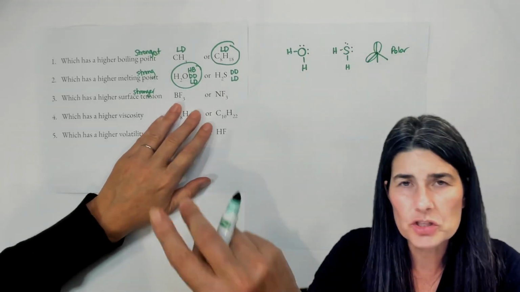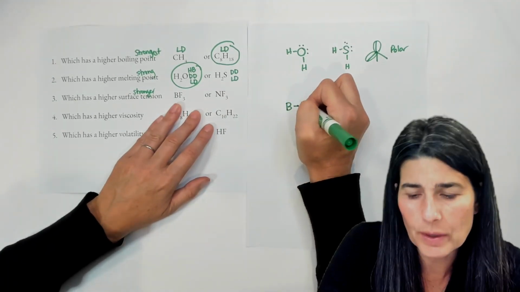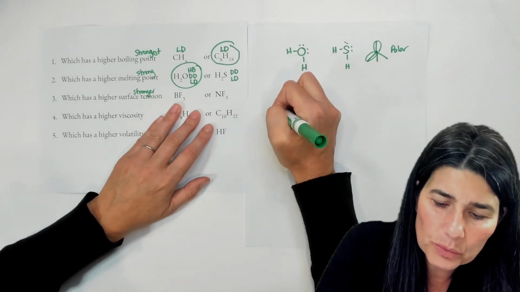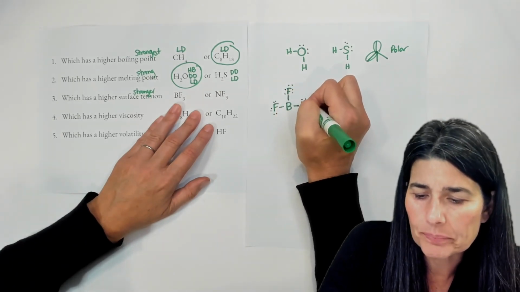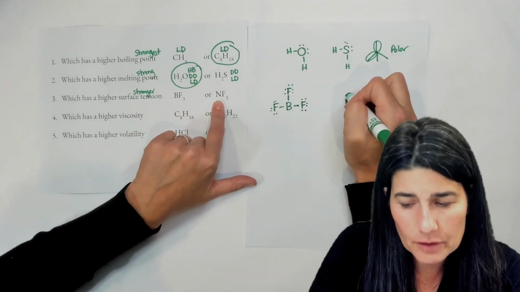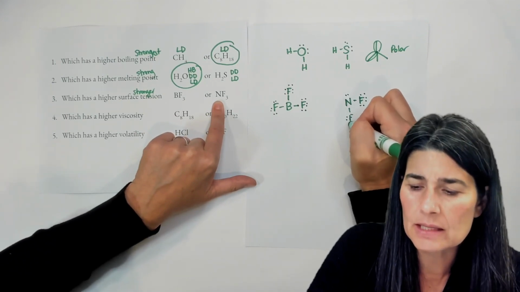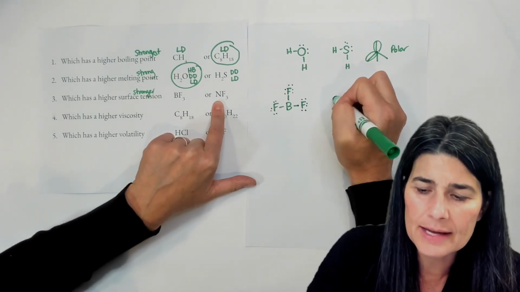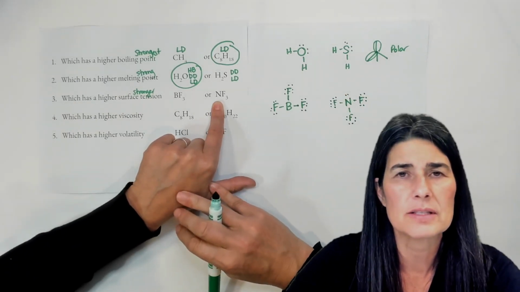The Lewis structure for boron trifluoride looks like the following: BF3 with all the lone pairs on the fluorines. The Lewis structure for NF3, if you take the time to count your electrons, put the different one in the middle, fill the outsides, leftovers on the center, this is what nitrogen trifluoride looks like.